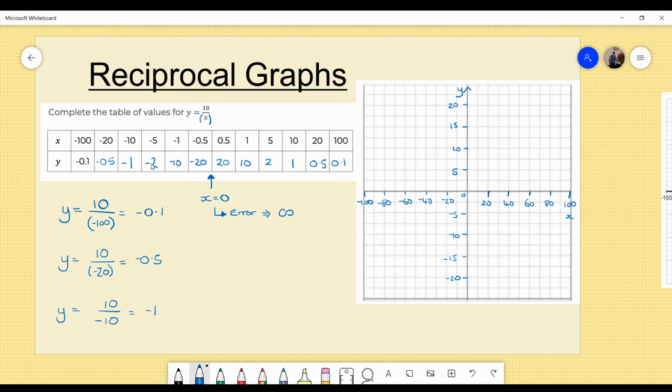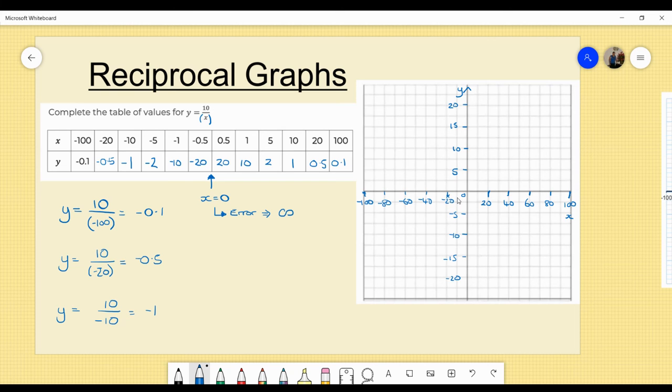Okay, and then you just want to plot your points. Now, some of the points are going to be really quite tricky to plot. So if you see, we've got -100 and -0.1, so it's really teeny tiny down here, really low, and as close to 0, just showing it slightly above on that one. In fact, it's even better if I draw it below the axis, so that's where it should have been, just teeny tiny under there. The next one, -20 and -0.5, so that's just going to be about there.